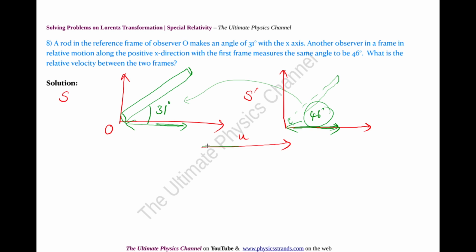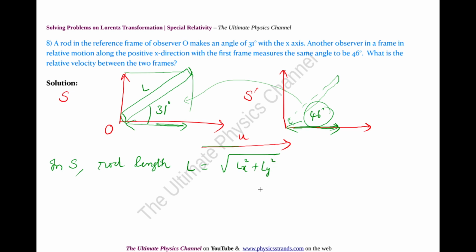So I can say that in the frame of reference S, the length of the rod, let us call that L, is equal to, using the Pythagoras theorem, the square root of Lx squared plus Ly squared.